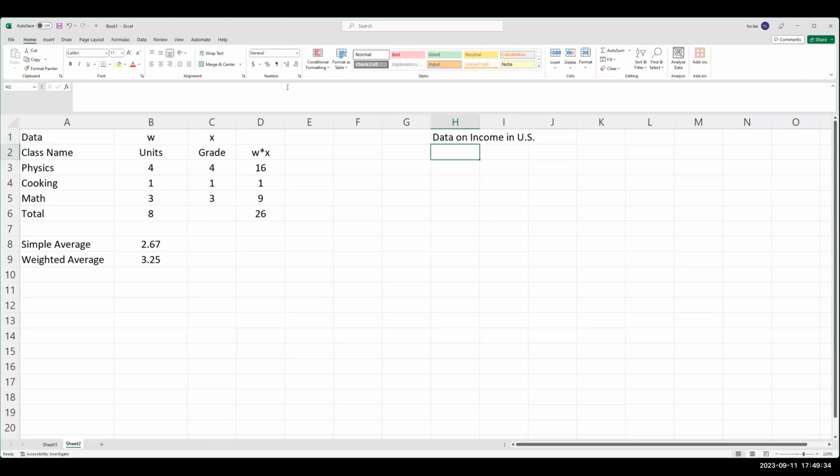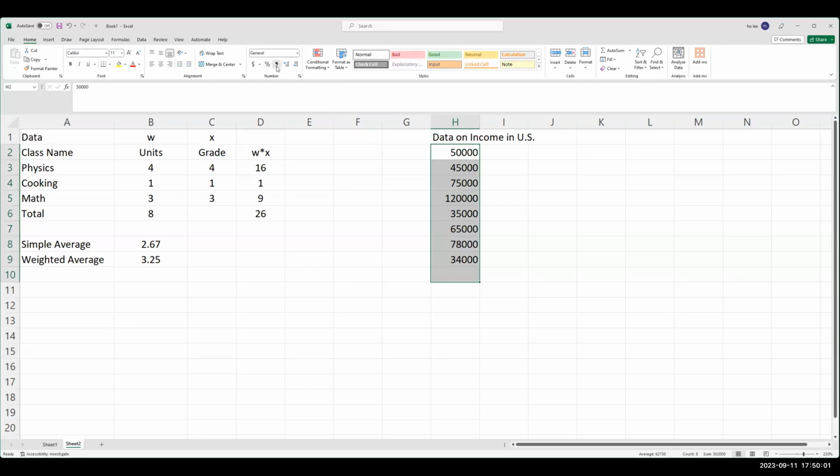So we have someone who makes 50,000, someone who makes 45,000, someone who makes 75,000, another person makes 120,000, someone who makes 35,000, another person who makes 65,000, someone else makes 78,000. Okay, so we have a bunch of people and their income.